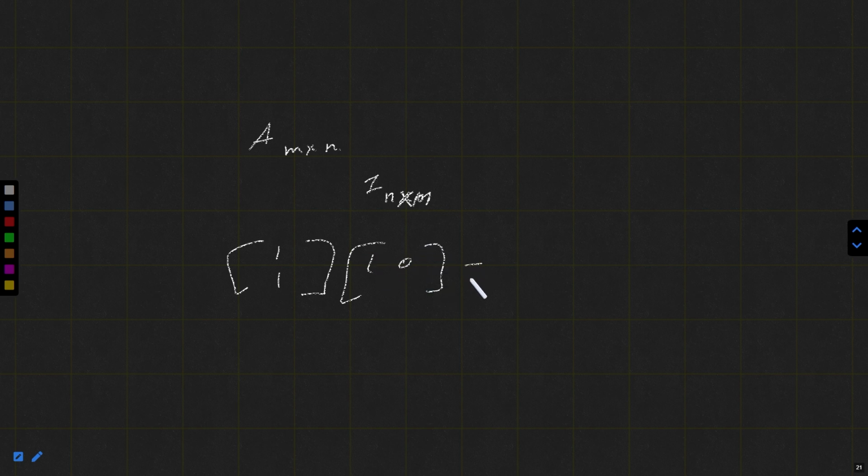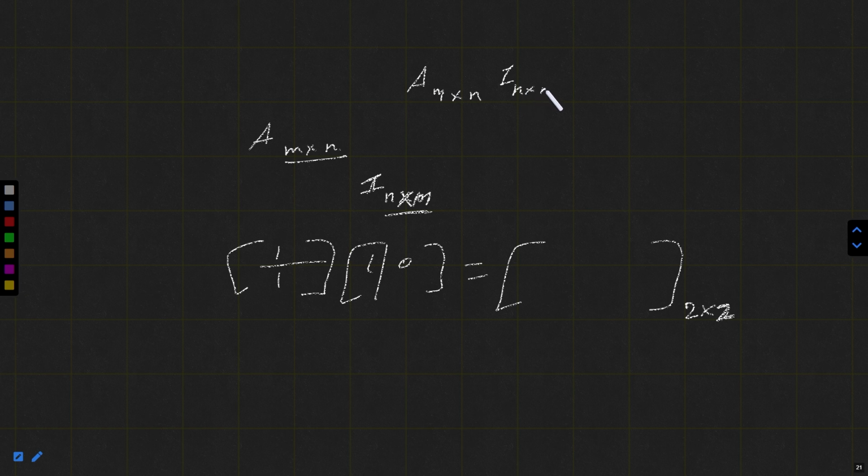Then if you multiply, the output will be M cross M, or 2 cross 2. Then your identity will be, as you can see, in this way. But what I'm trying to say is this: if you have a matrix of order M cross N and an identity matrix of order N cross N, and you multiply like this, then what will your output matrix be?